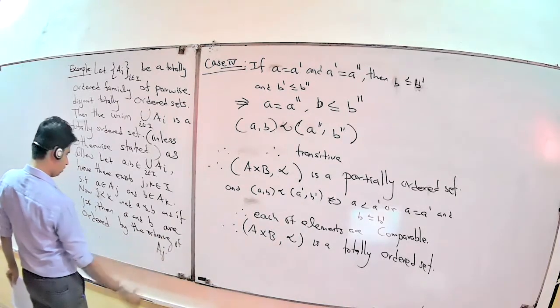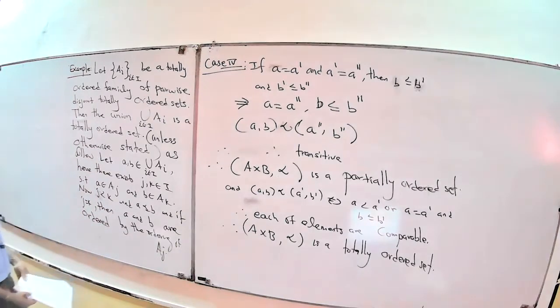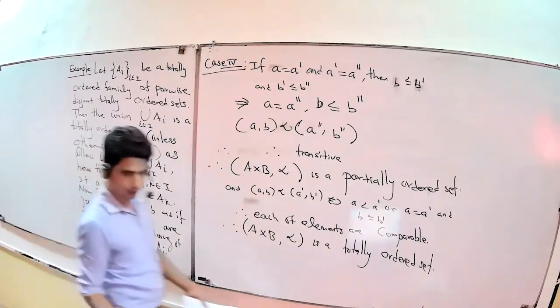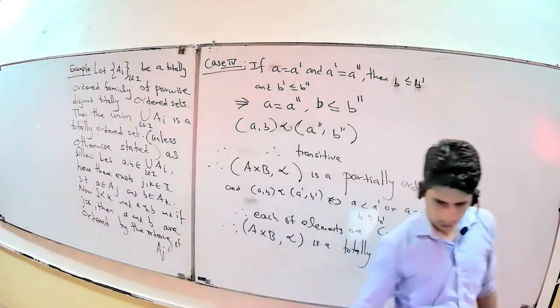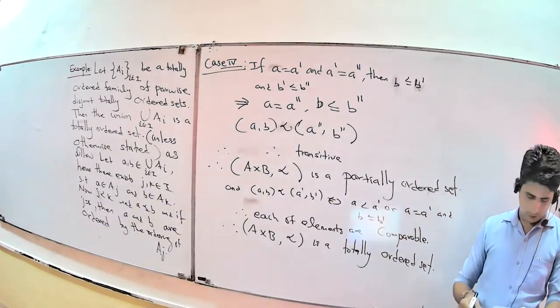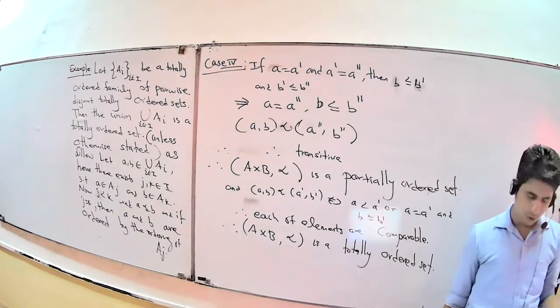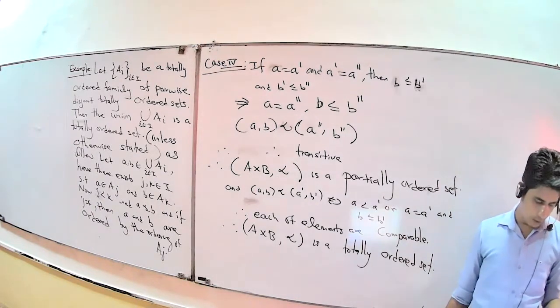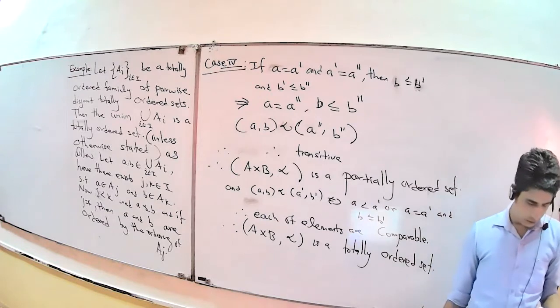Both are equal case consists only of A_j, right? Suppose you take two elements a, a belonging to the union of A_i, therefore a, a belong to a particular A_j, j belonging to the index set.